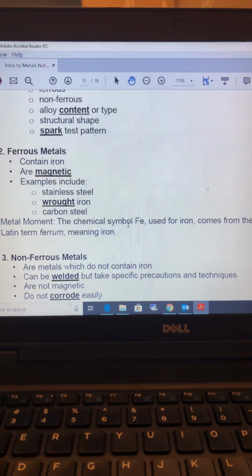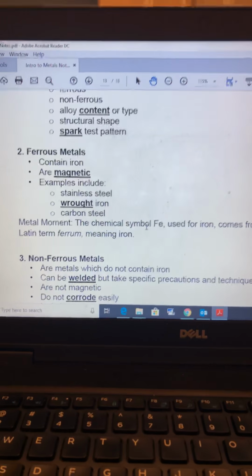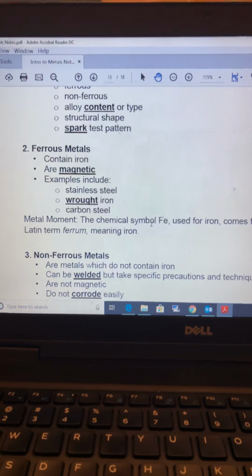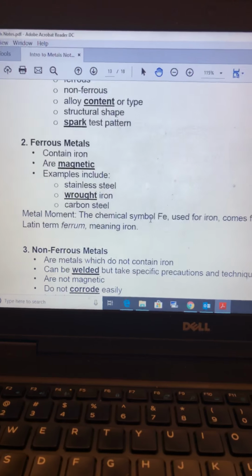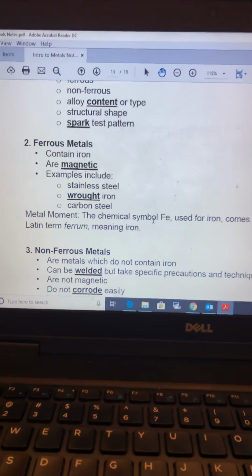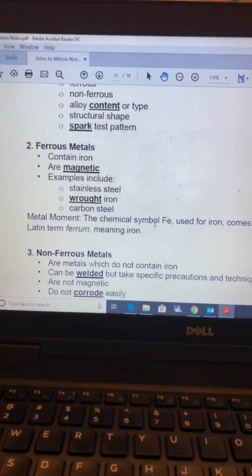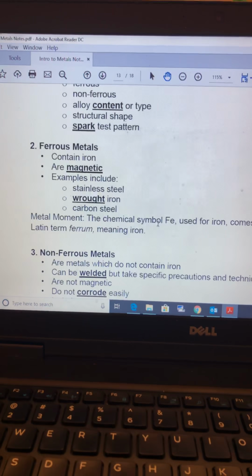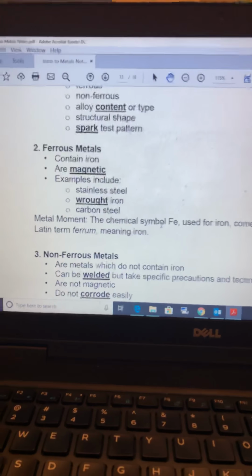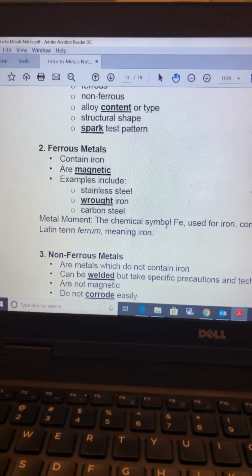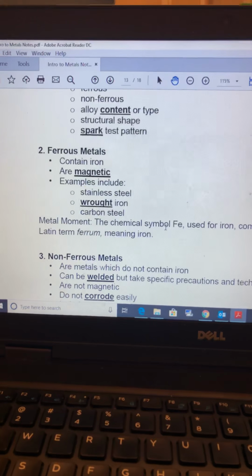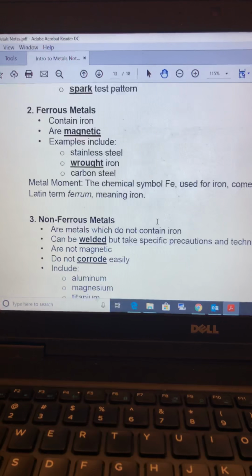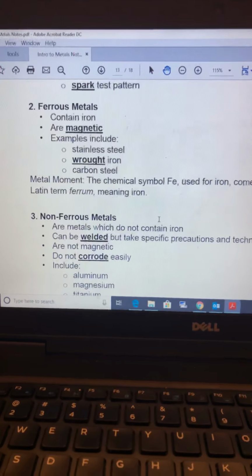When we get into stainless steel, ferritic stainless steel is the only type of stainless steel that is magnetic. So if you're testing stainless steel, put a magnet on it. If it sticks, you can weld with it by the means that you have learned. If it doesn't, then you have to use something else. But that's ferritic steel, ferrous metal, and non-ferrous metal.